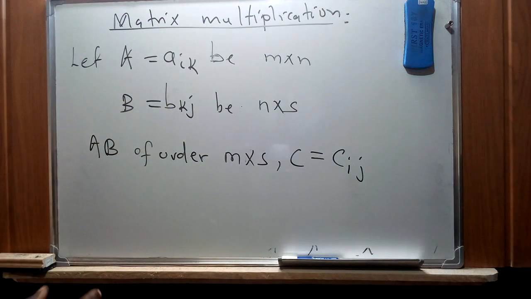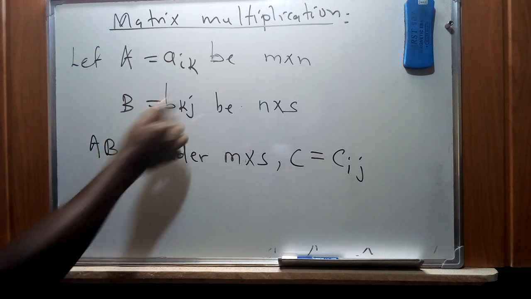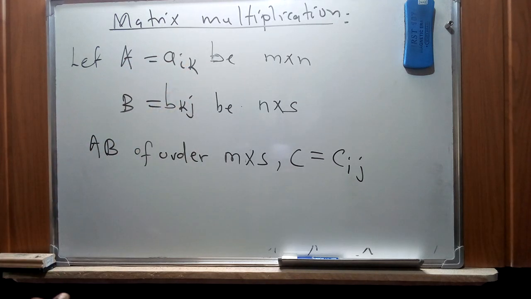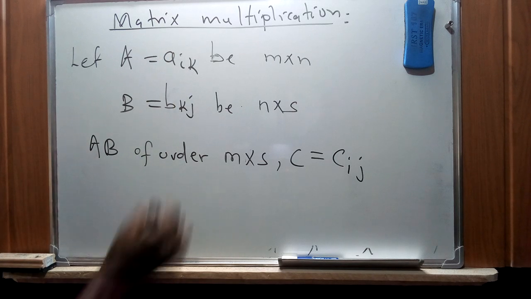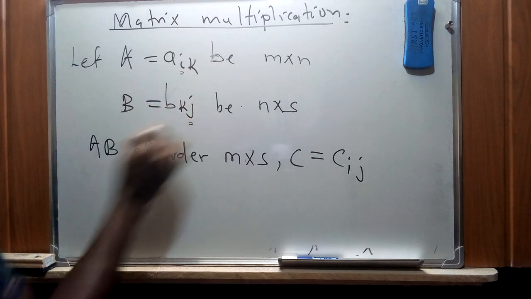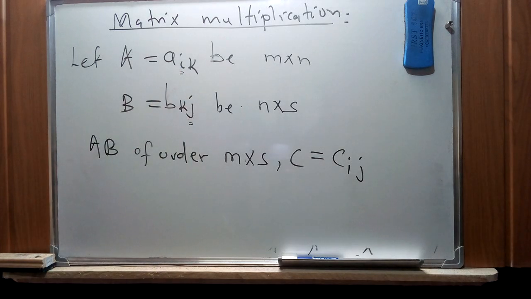So you can see that from these two matrices, the product will be of index ij, which is represented as Cij.